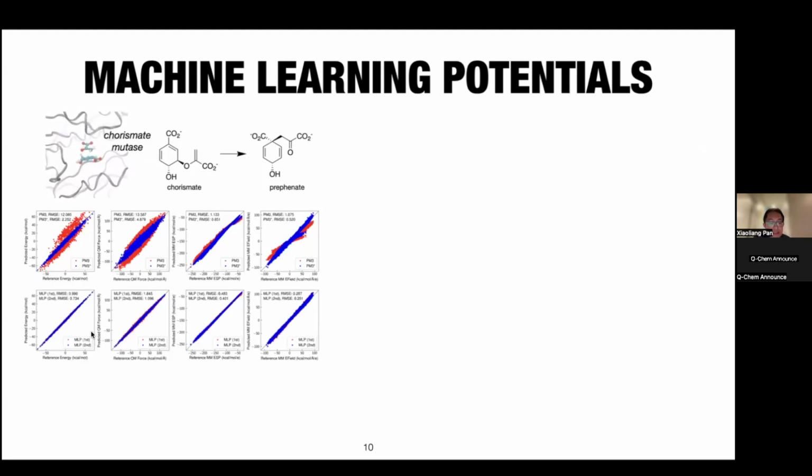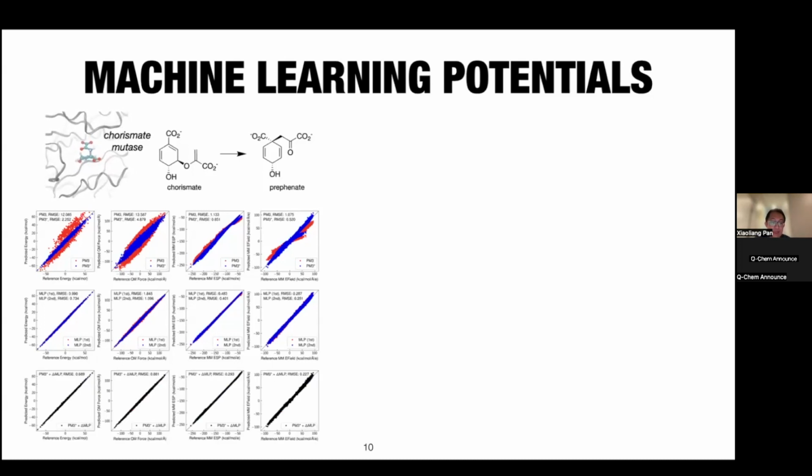Then this next panel is the results from the machine learning potential. And we see the errors are even smaller compared with the reparameterized model. And these two colors just mean it's two rounds of training of the model. And the last one is a type of model called delta learning.